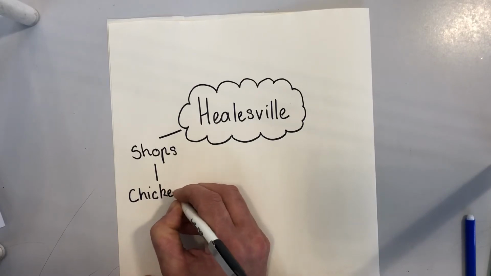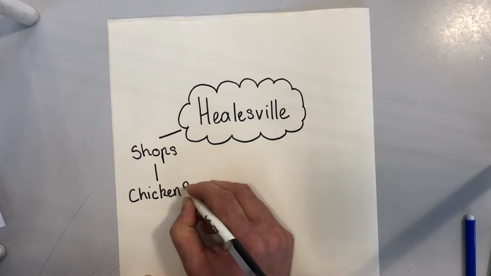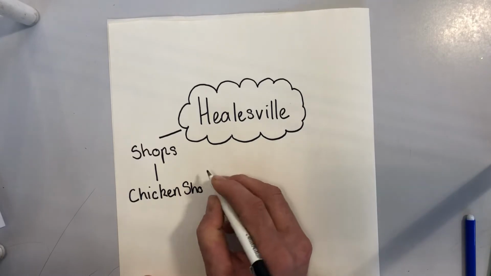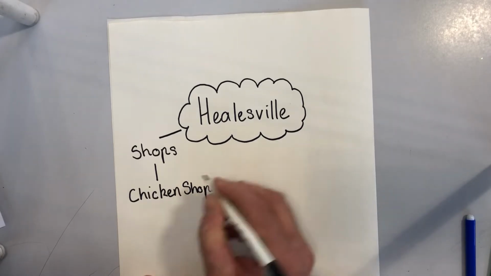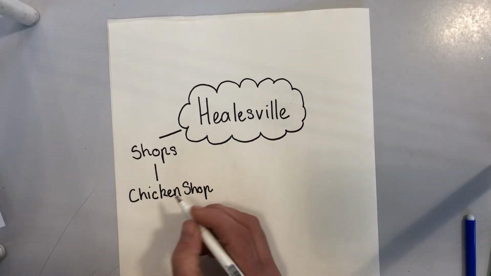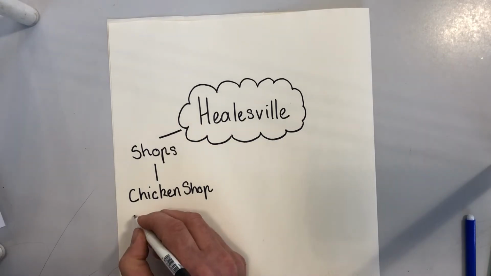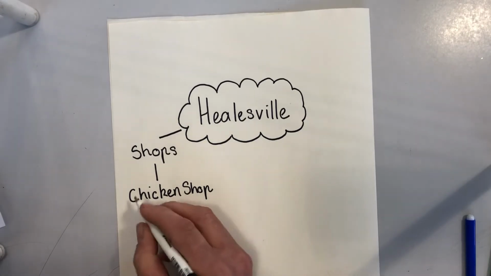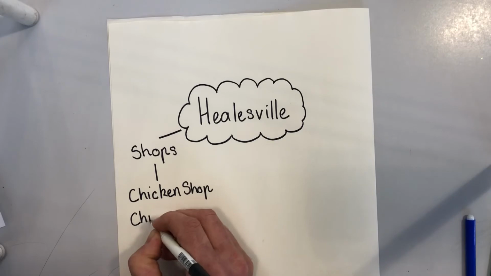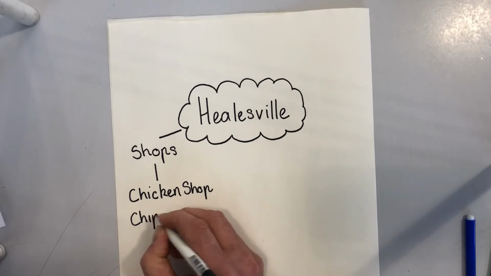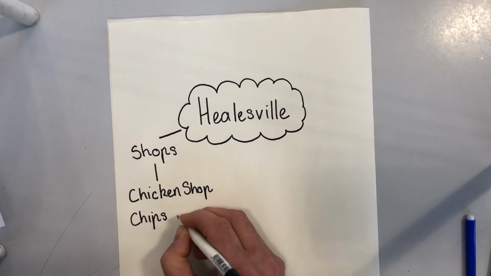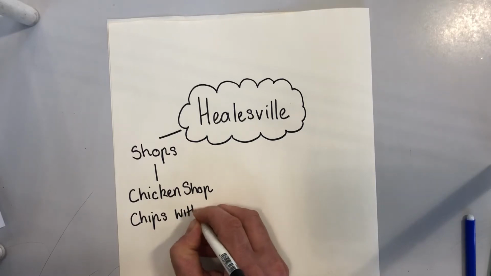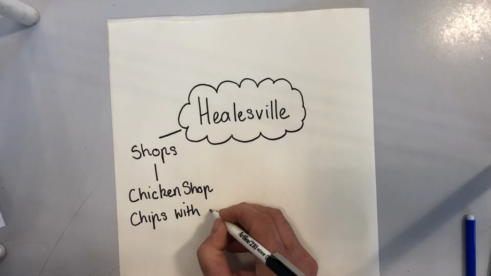We discovered that the chicken shop near Coles has the most amazing chips with gravy. Wow, so good. So chicken shop chips with gravy. That's one thing that I'm putting down with my seed idea.